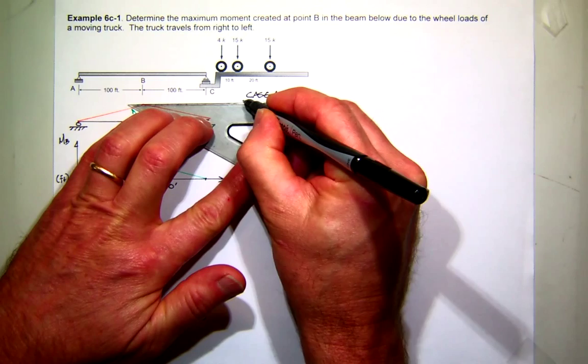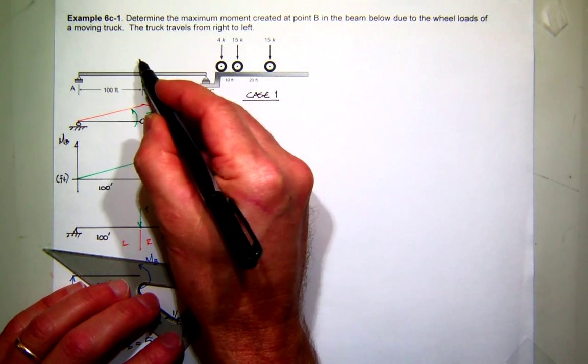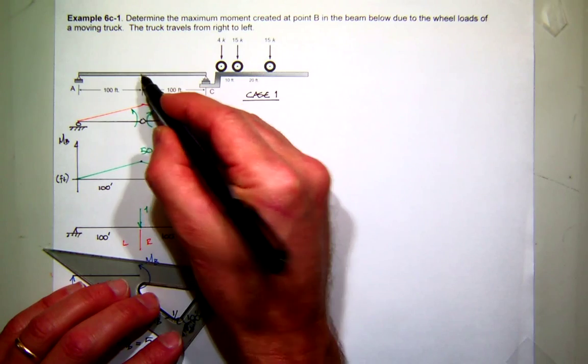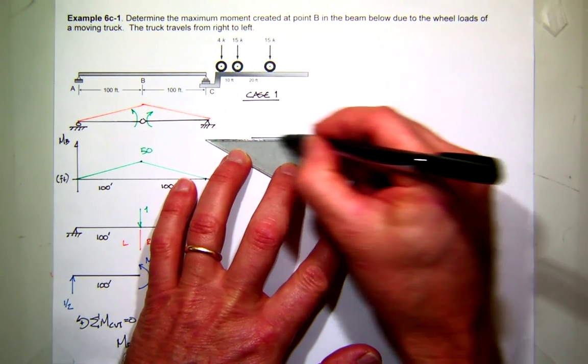Since the vehicle is moving from right to left, I'm going to bring the vehicle midway, so the 4-kip load is right there at that position.